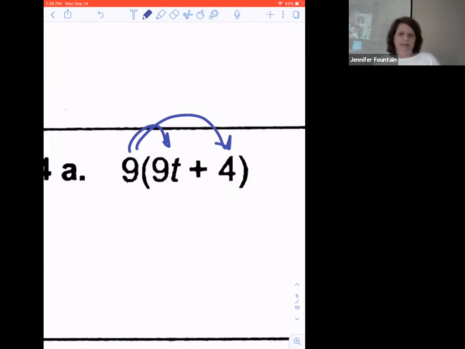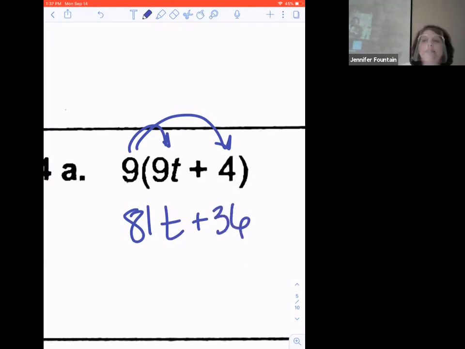Okay, so we'll go ahead and get back to this problem. We had 9 times 9t plus 4. The first thing we need to do is multiply 9 times 9t, and what's that going to equal? 81t. And then 9 times 4 is 36.